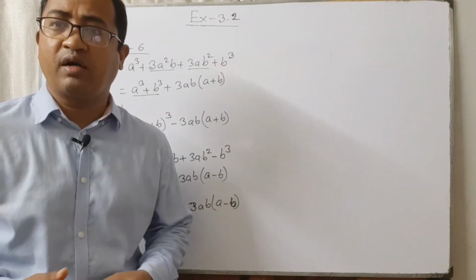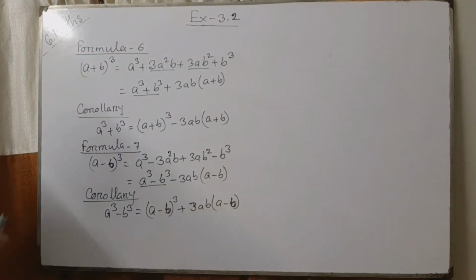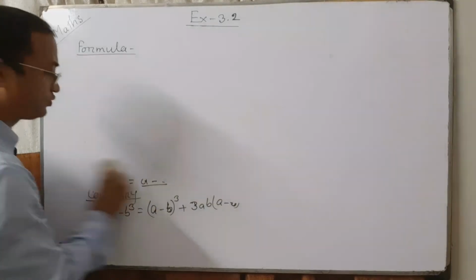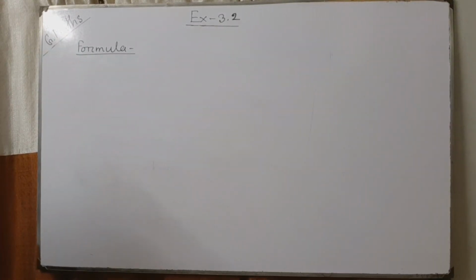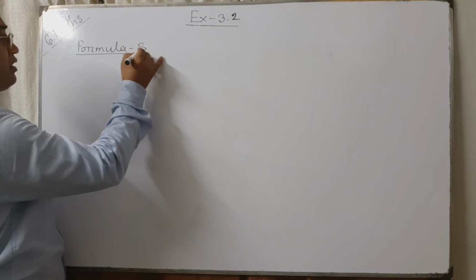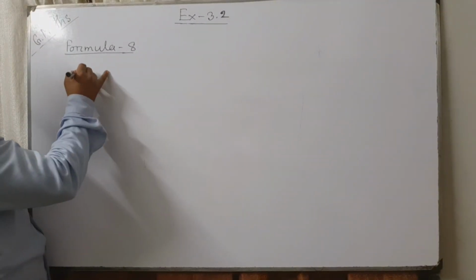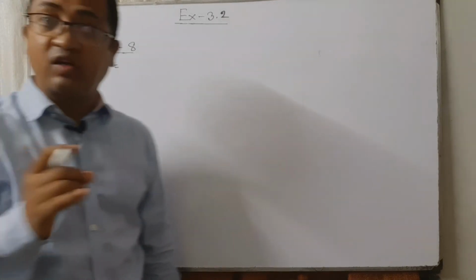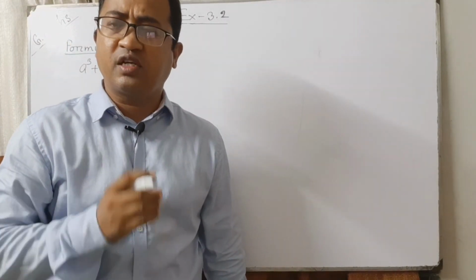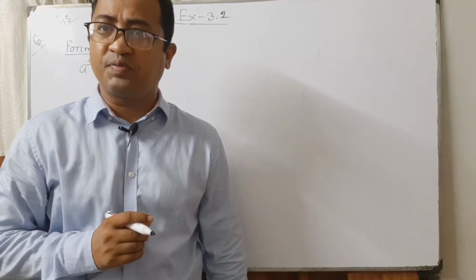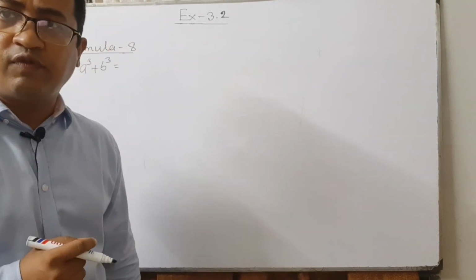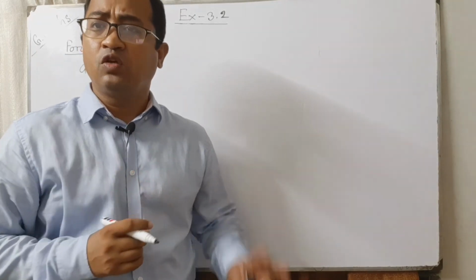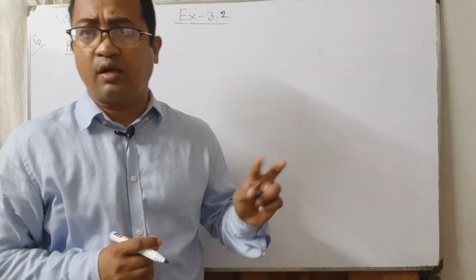Now formula number 8. A cube plus b cube. I think you are a little bit confused that just now I have written the corollary of a cube plus b cube. Now I want to write the formula of a cube plus b cube. Yes, a cube plus b cube has two things, formula and corollary.